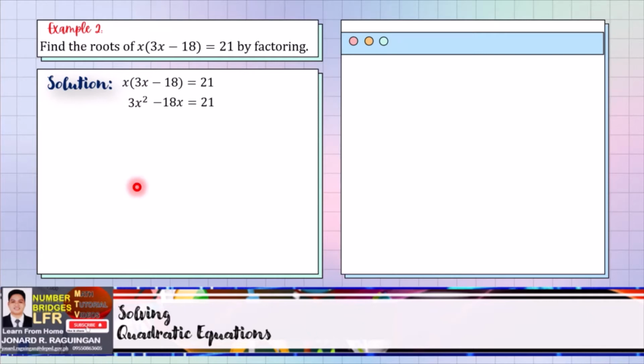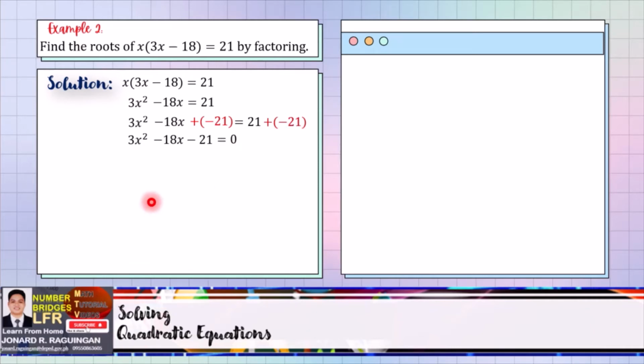That is 3x squared minus 18x plus negative 21. Then simplify. Copy 3x squared minus 18x. Positive 21 plus negative 21 is 0, so we have negative 21 is equal to 0.